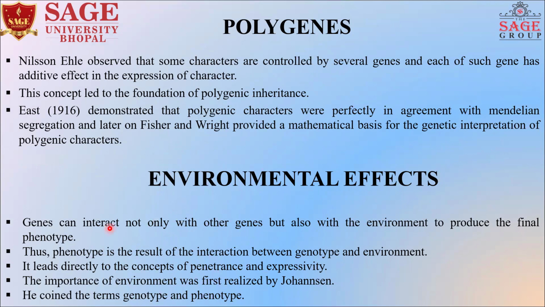So some of the effects which the offspring got can be from the environment. A gene can interact not only with other genes but also with the environment to produce the final phenotype. It means the final phenotype must be the sum of the environmental effect and the genotypic effect. So the phenotype is the result of interaction between genotype and environment. This is about the environmental effect.